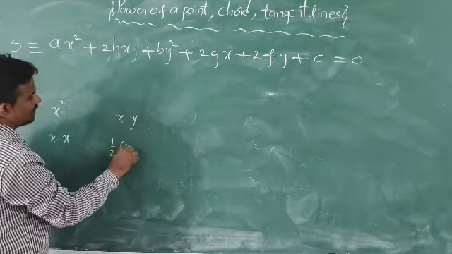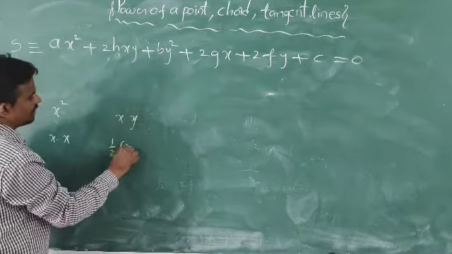And y square can be written as y into y. X can be written as half of x plus x, and y can be written as half of y plus y. Please remember, what about c? Nothing, there is no variable, so we do not write anything, just write it as it is.